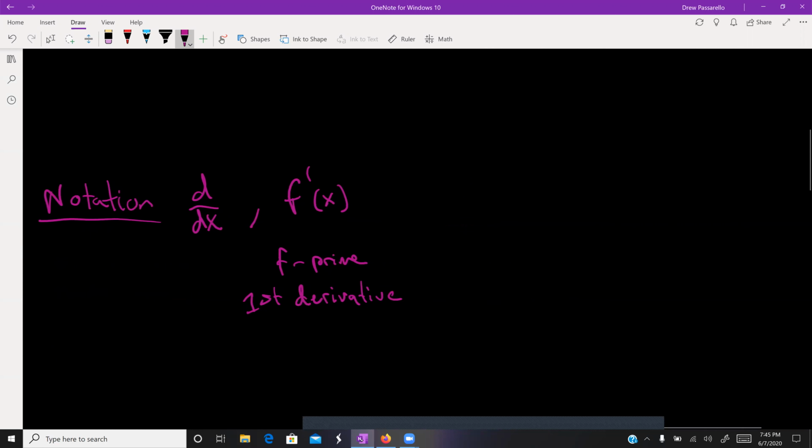Another notation is y prime, where y is just in place of the function f of x. So where y equals f of x, y prime is the same thing as f prime of x. These three are the most common notations we'll see.